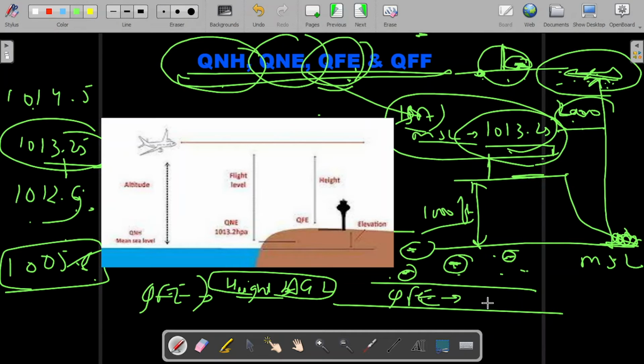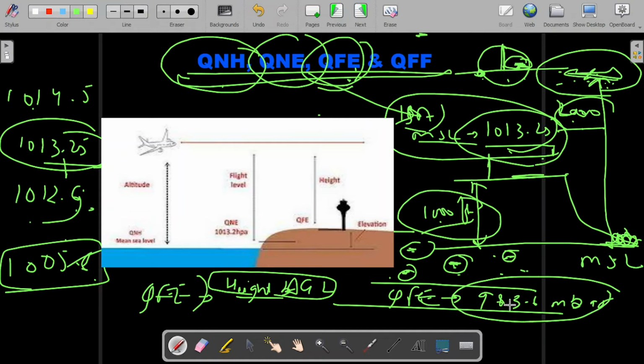If it is a QFE and the altitude, let's say altitude is 1000 feet, the pressure there might be 983.6 millibar. So if the ATC is telling this pressure, that means the height which will be calculated in the gauge will be from the AGL and not the sea level. Okay.